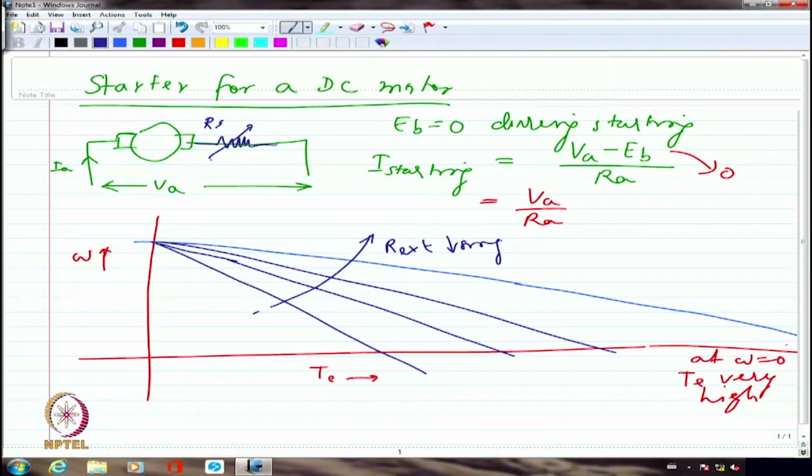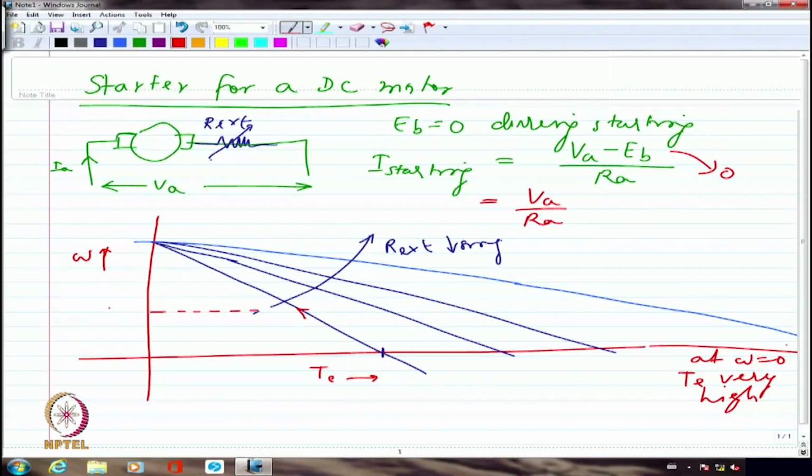So if I start off with a large R external value, the torque is going to be this, and slowly the speed is going to build up, and the back EMF is going to build up because the speed is building up. So I am going to have the back EMF probably coming to this value.